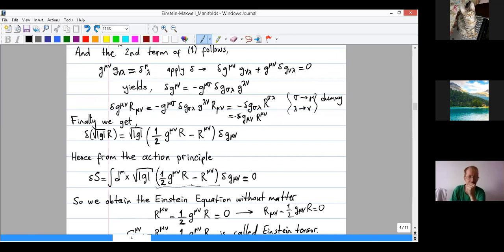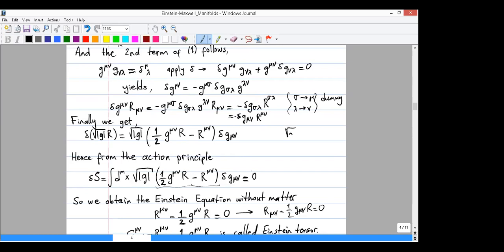Then when we look at the term, we have delta G mu nu R mu nu. We already obtained this variation, so then just multiply this by R mu nu. So minus G mu sigma delta G sigma lambda G lambda nu here, and we have two inverse metric components here.